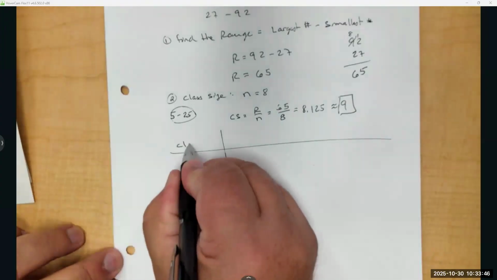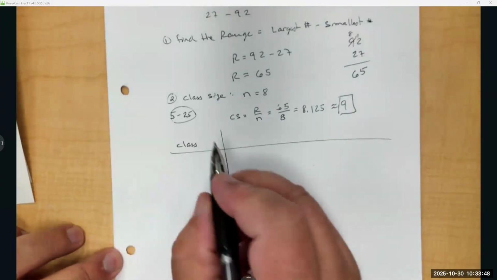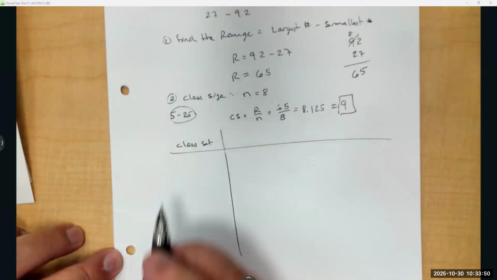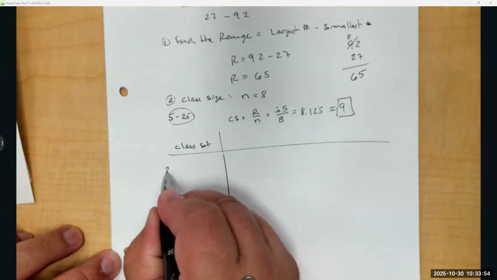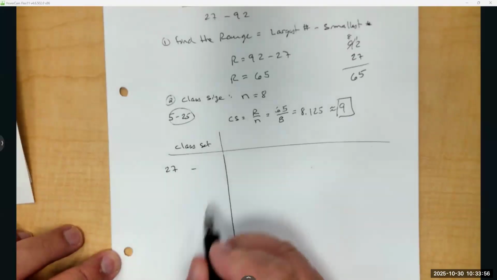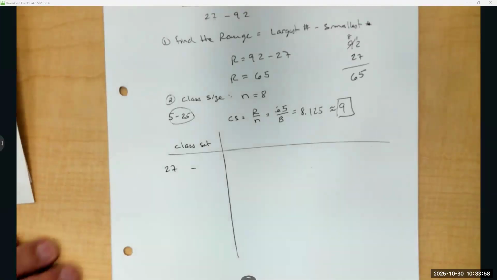So these are my classes. It starts off with the smallest. Always start off with the smallest, which is 27. Now, here's the question.